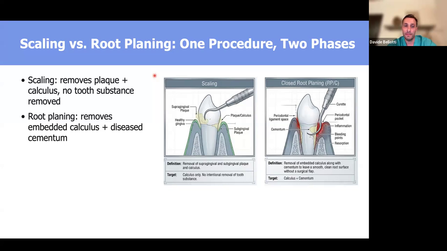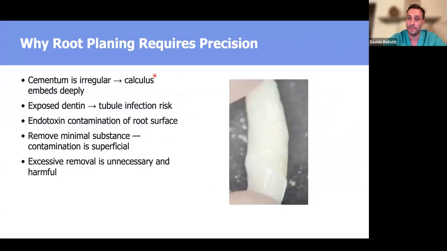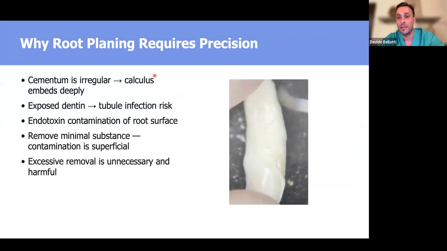But for root planing, we need to remove the embedded calculus and then diseased cementum. On the root, we don't have enamel, so the cementum is not glassy, it's quite porous, so we need to smooth it. I did a short video this morning just to show the difference between the cementum and the crown.